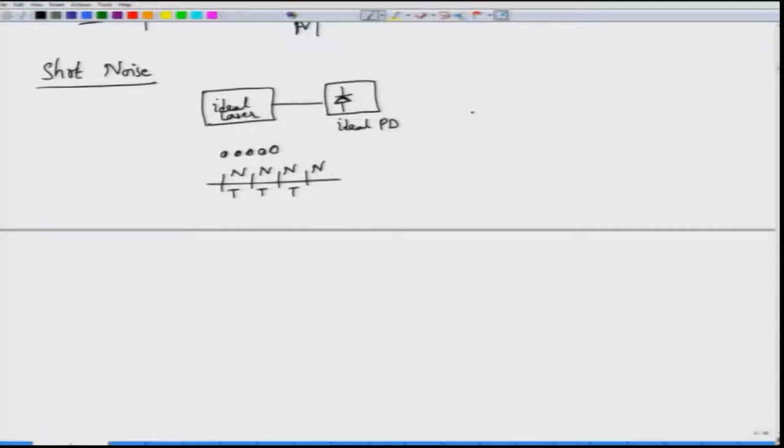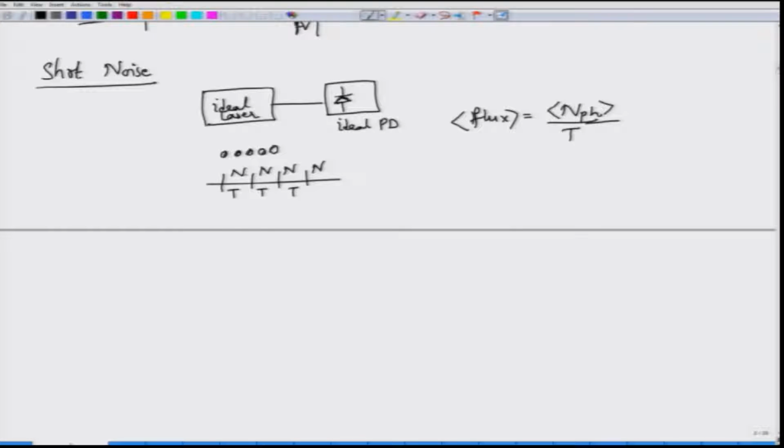The photon flux, defined as the number of photons per time interval t, actually has a distribution. It is not constant, but there is a mean photon number.